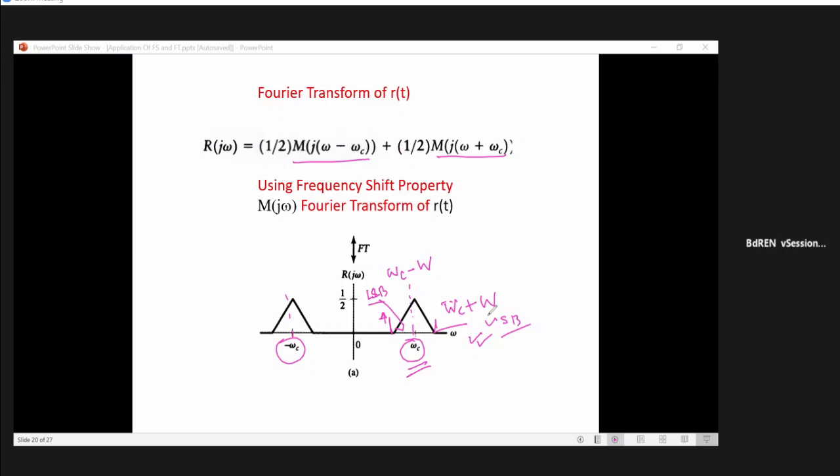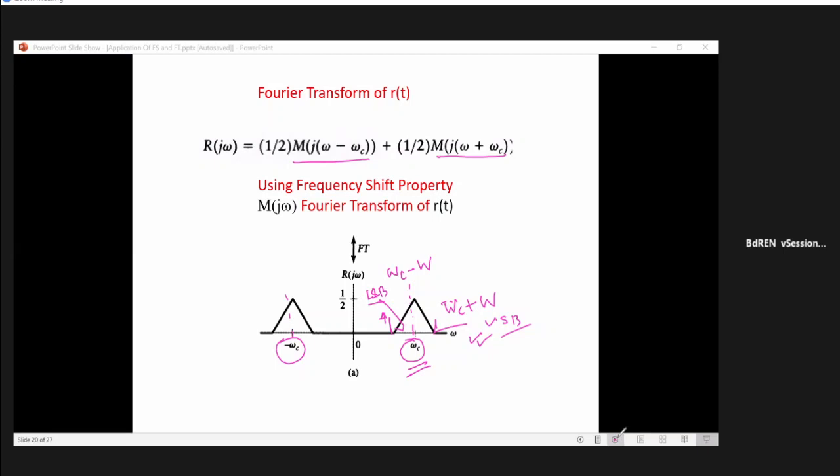Now, once your signal is transferred into a high frequency band and you are transmitting, at the receiving end, what will happen? You have to bring back your signal, isn't it? That we call demodulation.